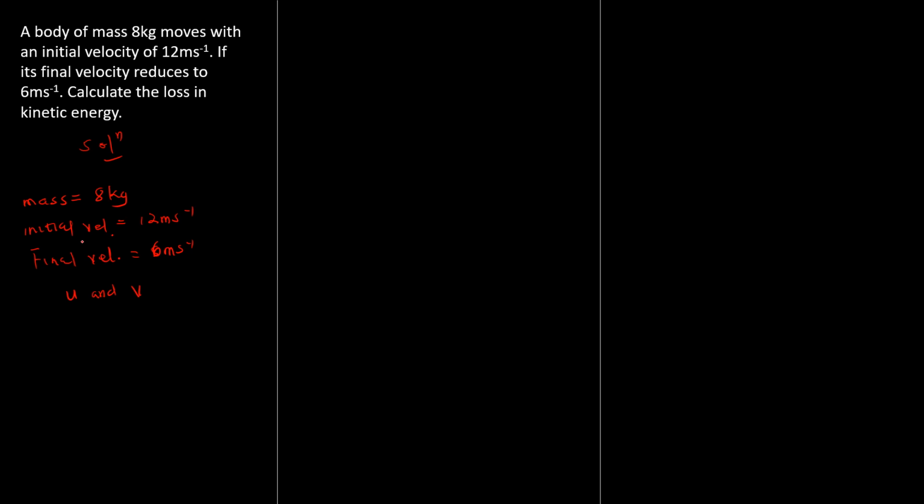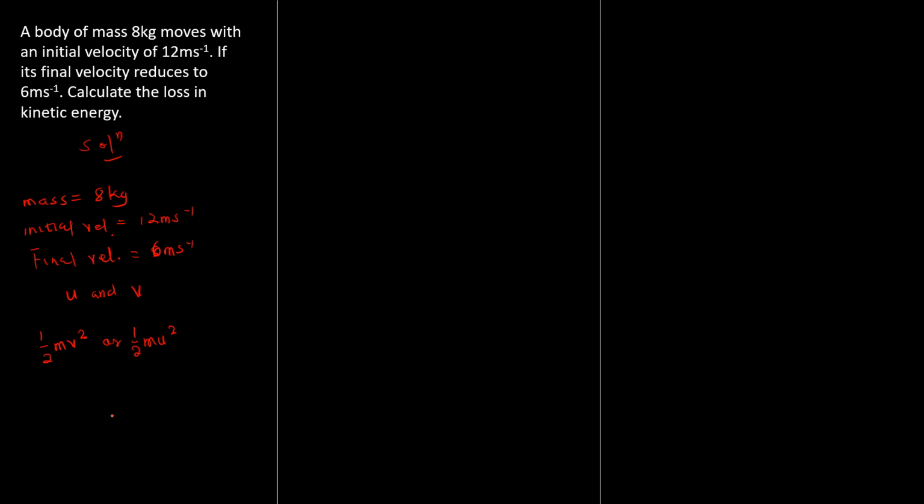Okay, due to the formula, the kinetic energy is actually half mv square, or half mu square. In this case, half mv square is the final kinetic energy, and half mu square is the initial kinetic energy. As the question demanded, you're supposed to calculate the energy loss.